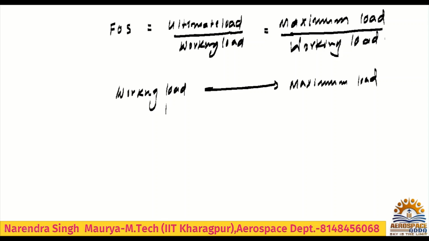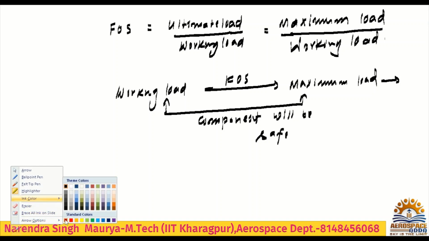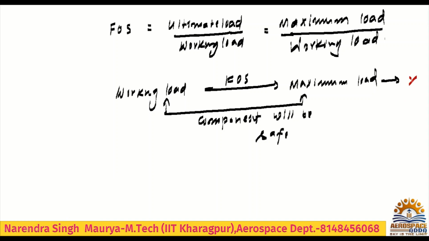Up to this range the component will be safe. That's the meaning of it, and that's the reason it is called factor of safety. But if you go more than this, then it is danger for the component, I mean that component will fail.